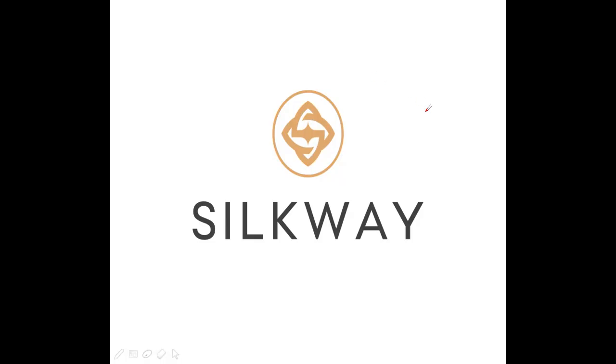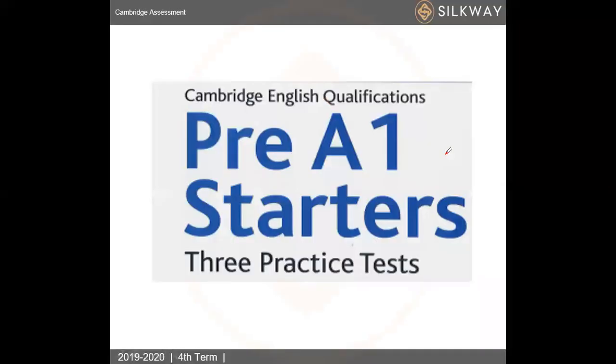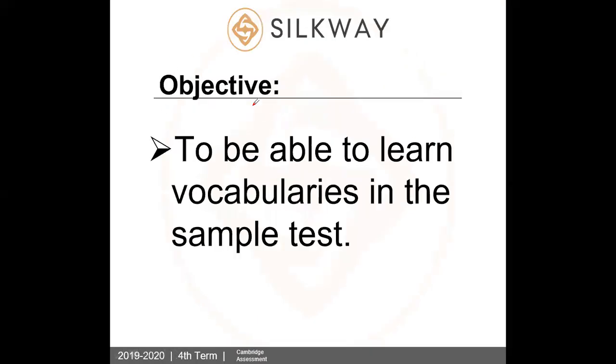For today, we will have another set of sample tests for our Cambridge English qualifications 3A1 starters assessment. So let's move on. Our objective once again is to be able to learn vocabularies in the sample tests.